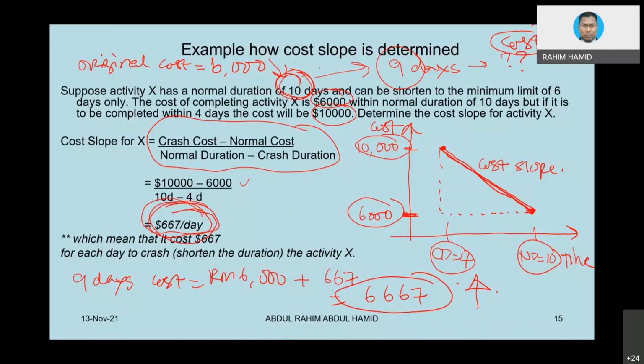And for each activity we can define the cost slope, because for each activity we can know the maximum, the normal time.